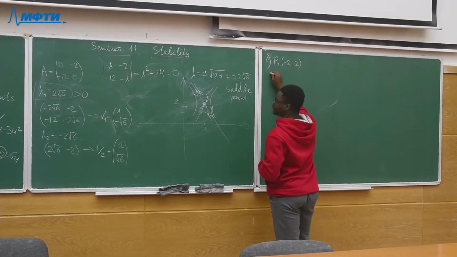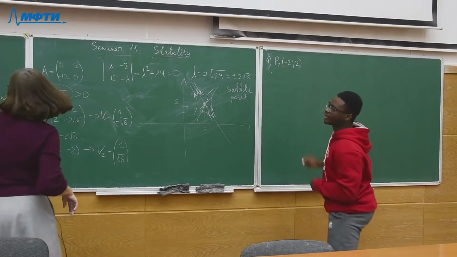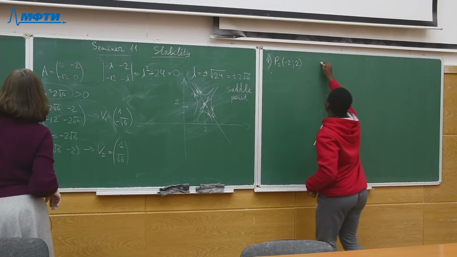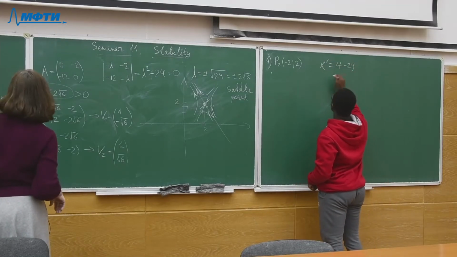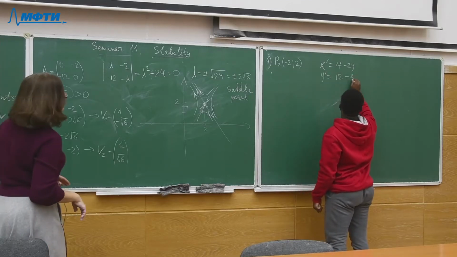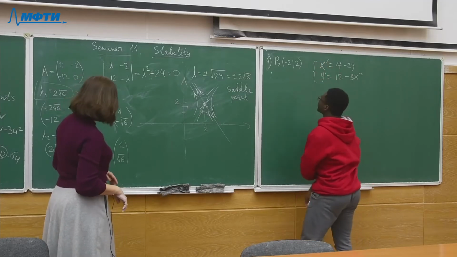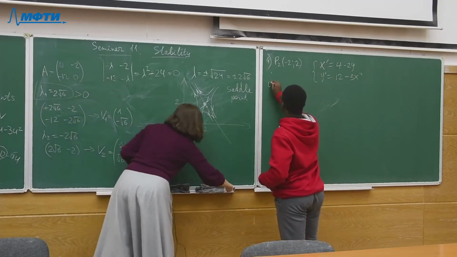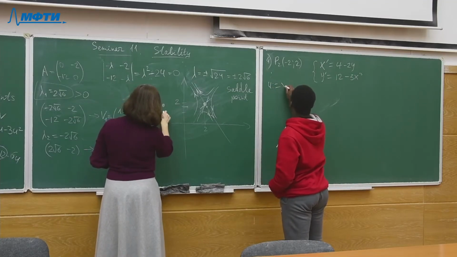Maybe it's better to rewrite the system on this part of the board. So x prime is equal to 4 minus 2y, and y prime is 12y minus 12 minus 3x squared. And we will try to sketch the figure for this case also.